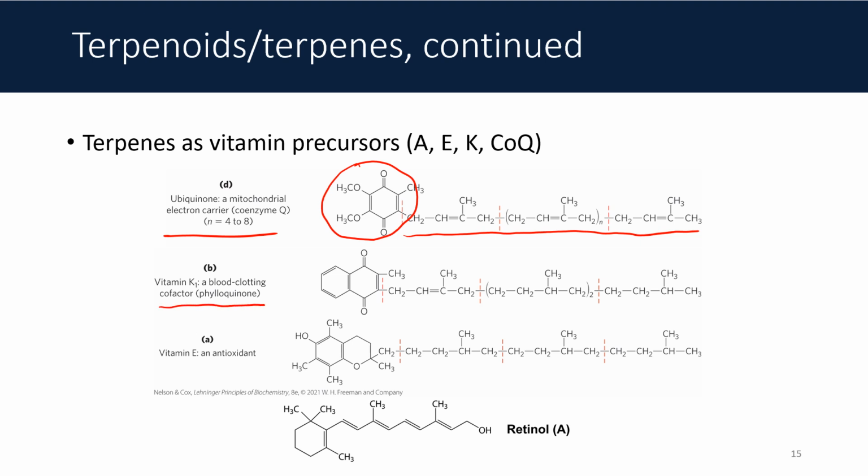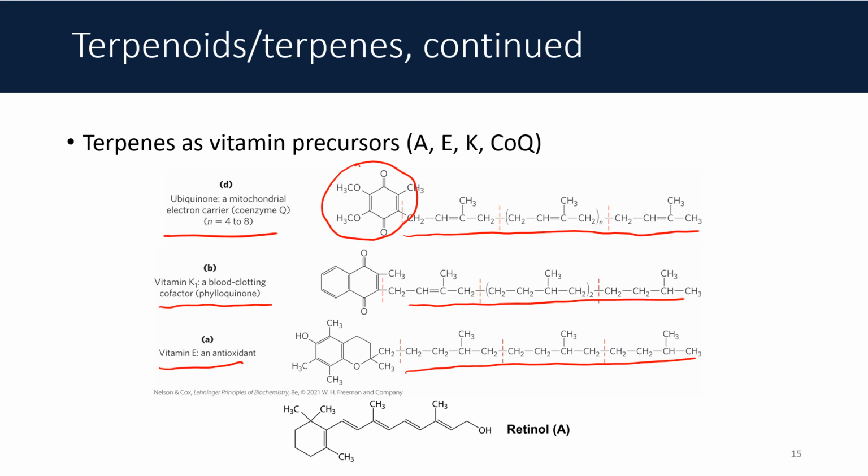Vitamin K, which is used to facilitate the action of thrombin, the enzyme that basically finalizes the blood clotting cascade. That also contains a polyisoprene-derived tail unit. Vitamin E is an antioxidant. It also has a polyisoprene component.